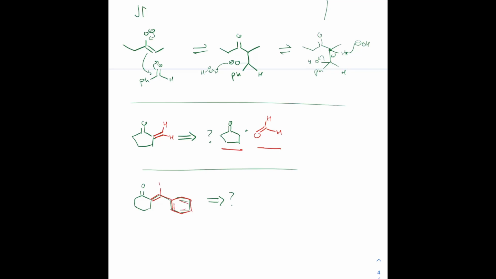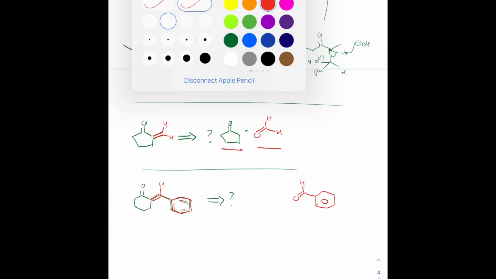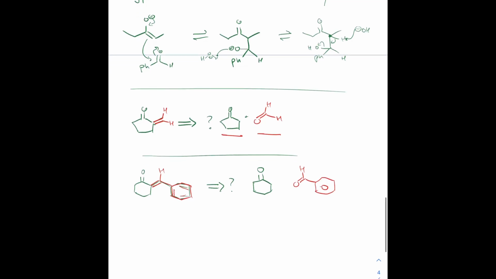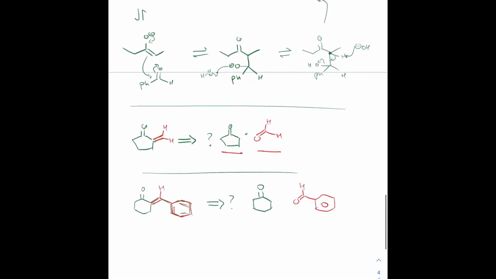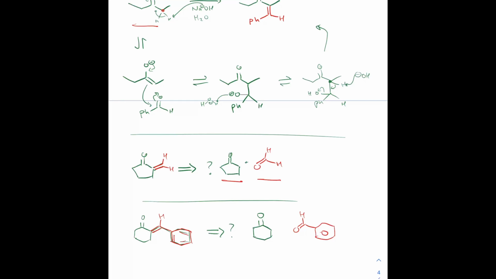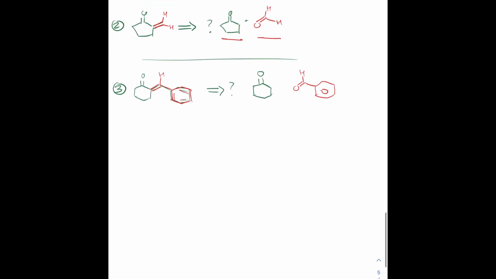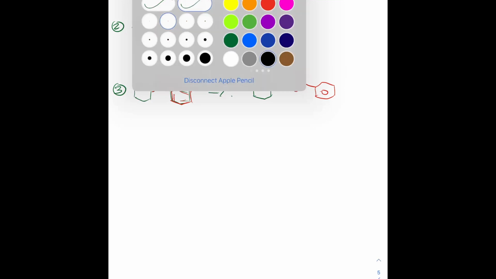I'm going to highlight this portion in red because I know that this alpha beta carbon-carbon double bond is coming from the original carbonyl group, and this is more or less just how I break it down in terms of quickly jumping to the product. So we've got this benzaldehyde as well as cyclohexanone as starting materials.